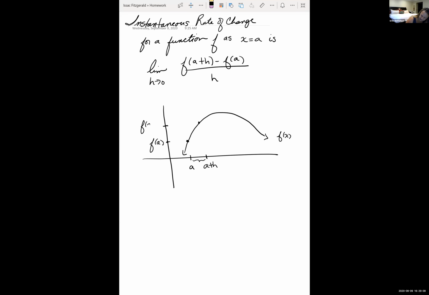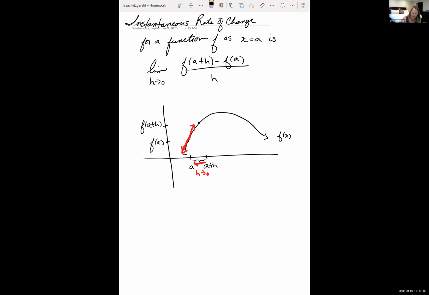This is f of a plus h. And so what this is saying is, as this h value, this distance between where we're looking at the average rate of change, shrinks as h goes to 0, this is going to give us a better and more accurate result of what's happening, that instantaneous rate of change at x equals a.